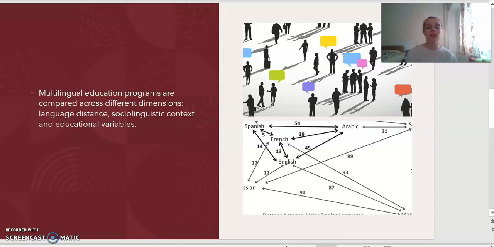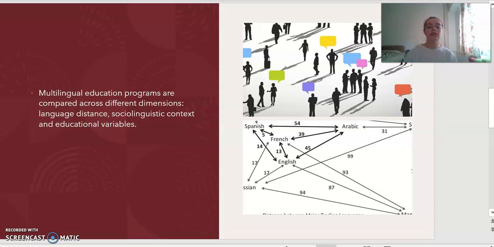And sociolinguistic context is like the schools located in cities like London or Paris, and their students are more likely to be multilingual than other students with a monolingual background.